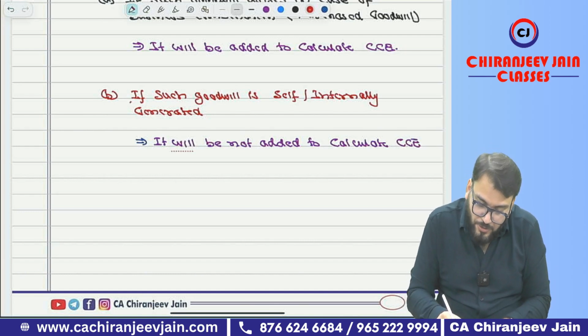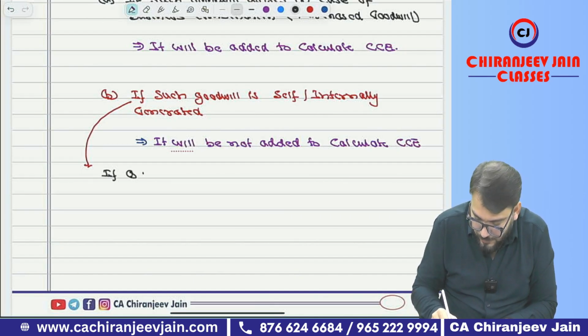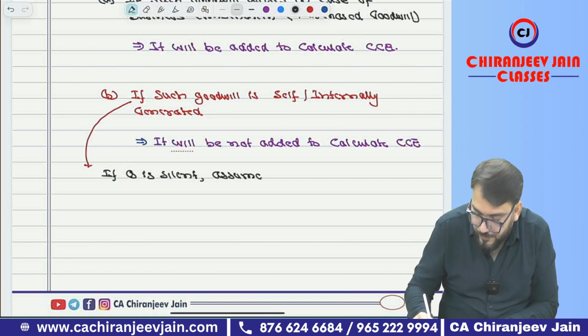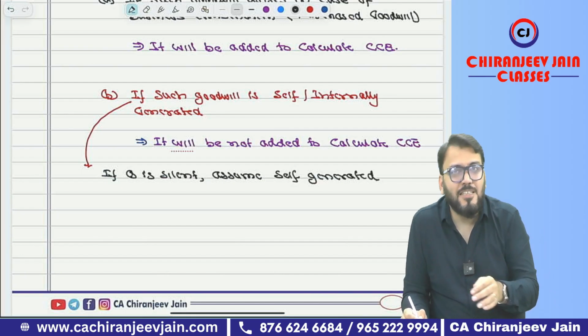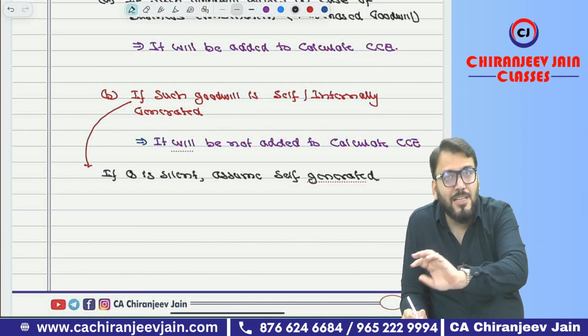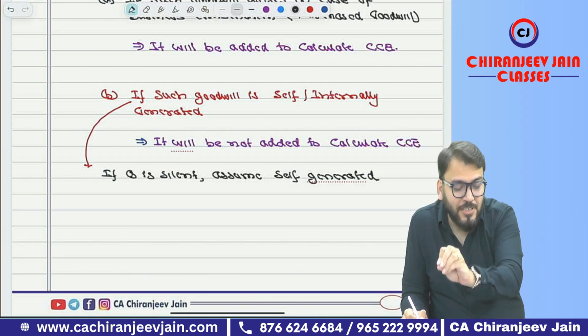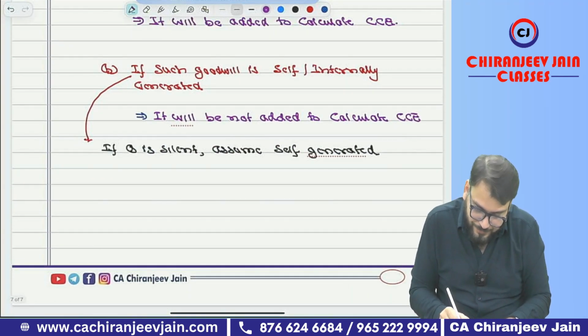If the question is silent, always assume self-generated. Sir, why? Once again, as per standard assumption: if in the question they have goodwill and nothing has been given, we'll always assume it is self-generated and we'll ignore it. Okay, sir. Then point number D.